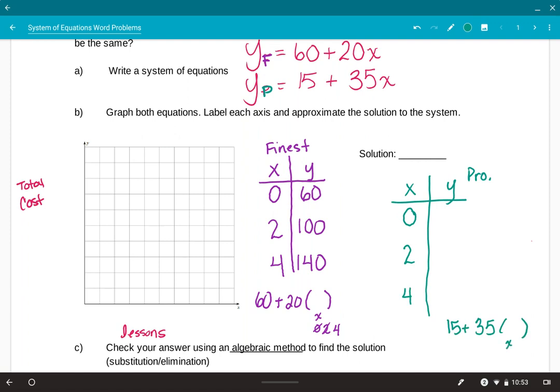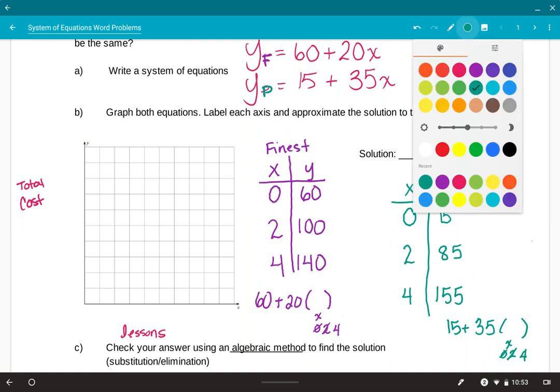So 35 times 0, which would be 0, plus 15, gives me 15. So now I'm going to go 35 times 2 plus the 15. It's going to give me 85. So if I plugged in 2. Now if I plug in 4, 35 times 4 plus the 15, I'm going to get 155.